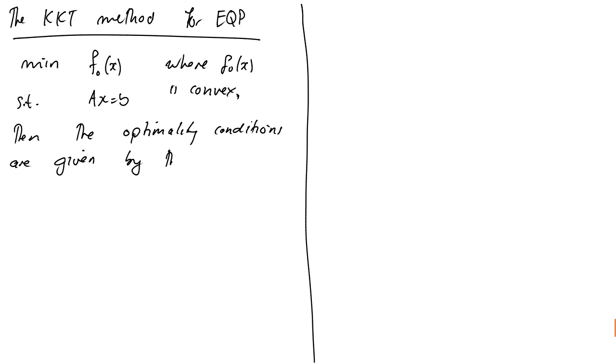by the following equations. Now, unfortunately, I can't really go into any detail on the theory of these things because we just don't have enough time. But they're given by the following equations, known as the KKT, or Karush-Kuhn-Tucker conditions.